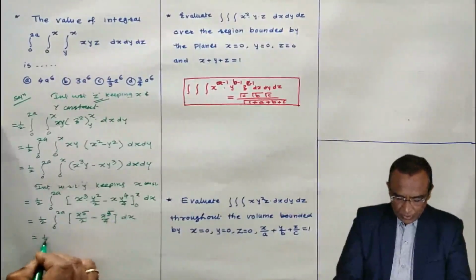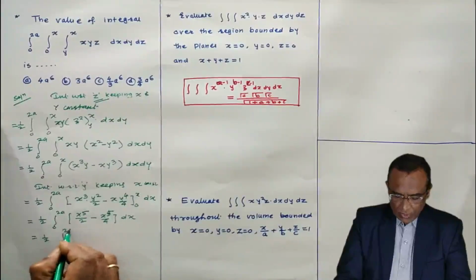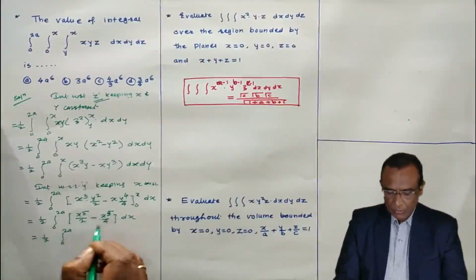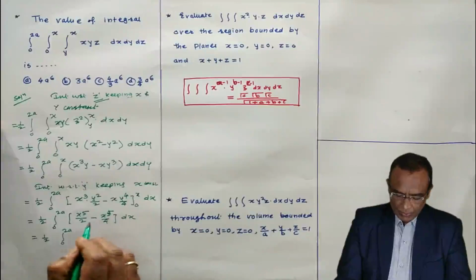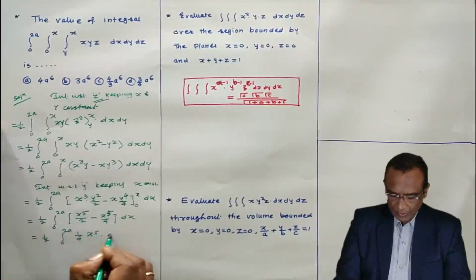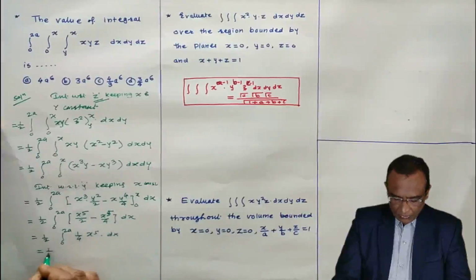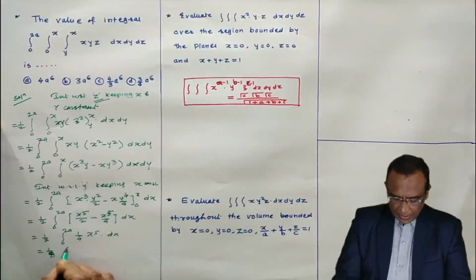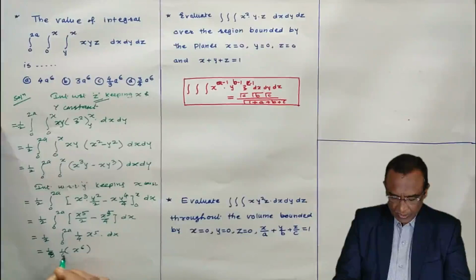Then 1 by 2. You can solve it for one more step if you want. Say 1 by 2 minus 1 by 4 is 1 by 4. The 1 by 4 x to the power 5. Integral of this 1 by 4 into 1 by 2 is 1 by 8 I am writing. Integral of x to the power 5 is x to the power 6 by 6. 6 I am writing outside.